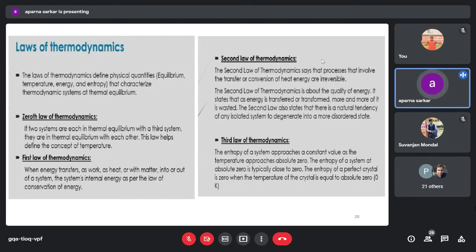Now, the third law of thermodynamics: the entropy of a system, entropy means randomness, approaches a constant value as the temperature approaches absolute zero. The entropy of a system at absolute zero is typically close to zero. That is the third law of thermodynamics.